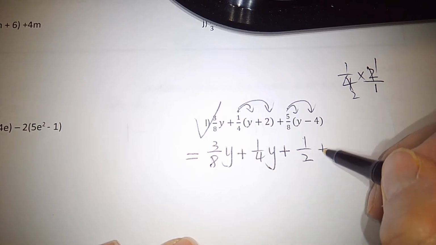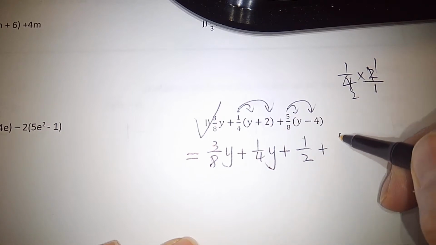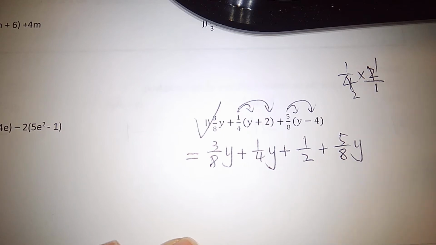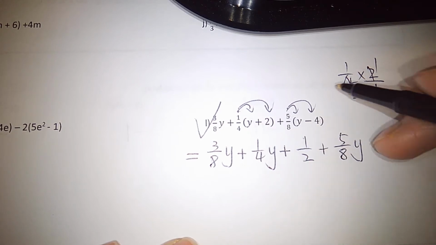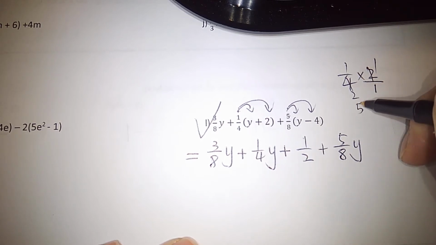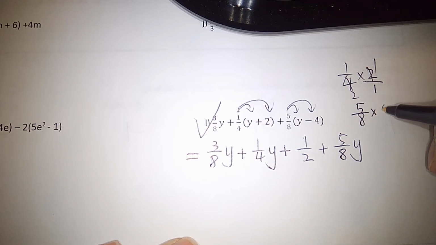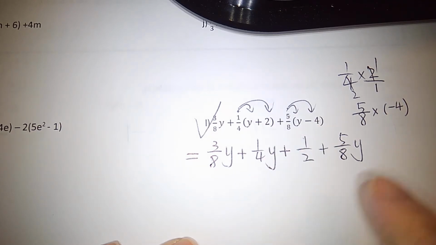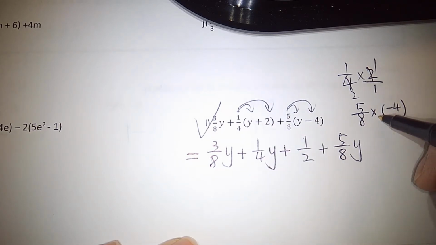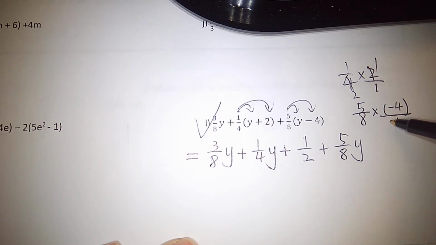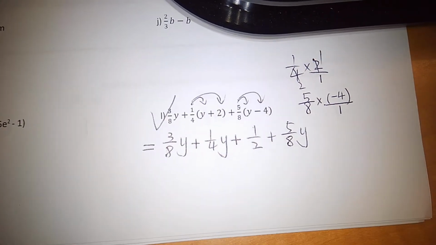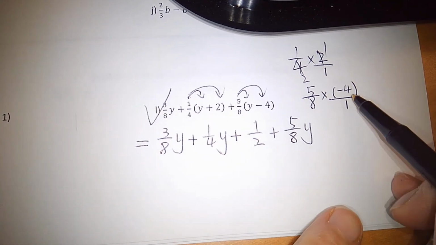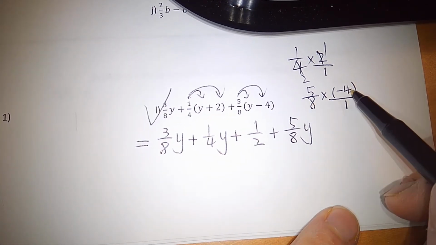And then plus 5/8 times y, times, here, careful, okay? 5/8 times negative 4, right? Negative 4 can be written as negative 4 over 1, right? Any common factor between them? 4.